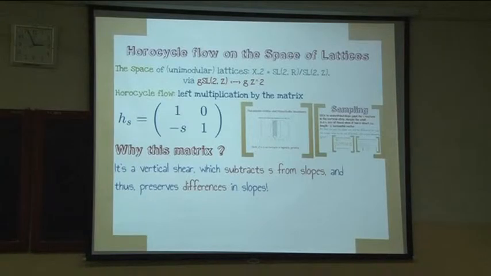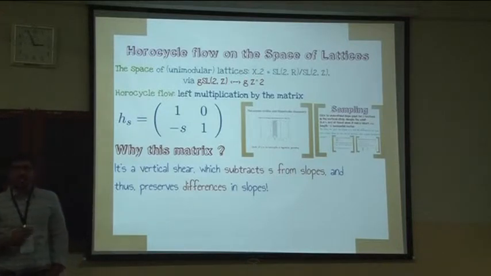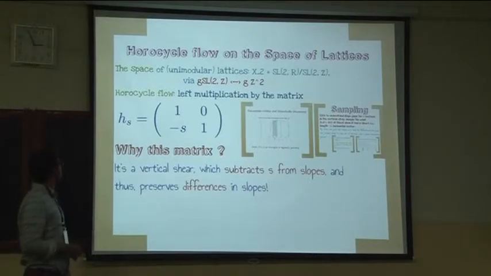So that choice is only well defined up to right multiplication by SL2Z. And that's unique. So we have this identification of the space of lattices with the coset space, or the homogeneous space, SL2R mod SL2Z, via simply, the coset gets identified to G Z2.